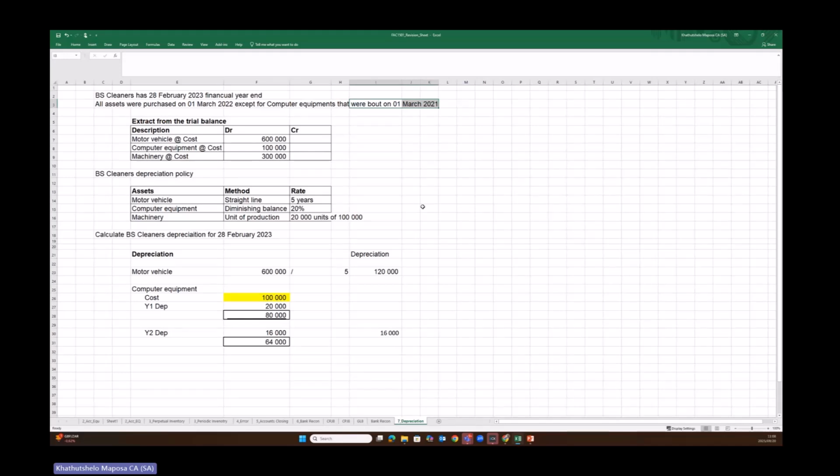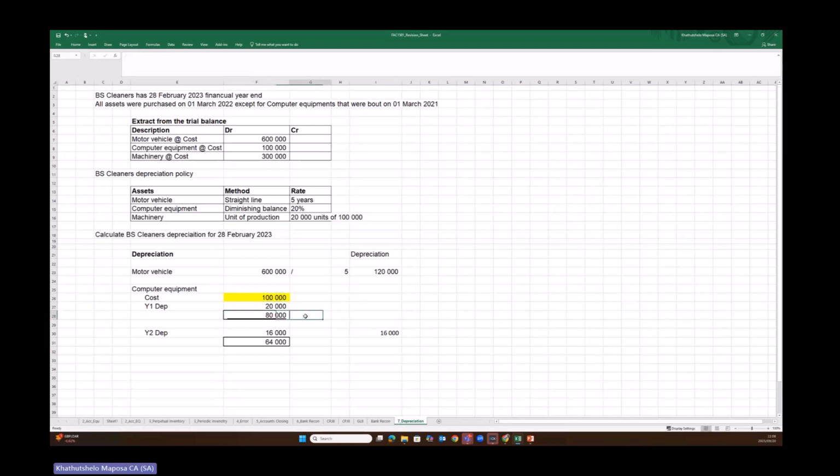It means that on year 1, which is as at 28 February 2022, for depreciation you take the balance at the beginning of that reporting period, which was 100,000, times 20%, which becomes 20,000.